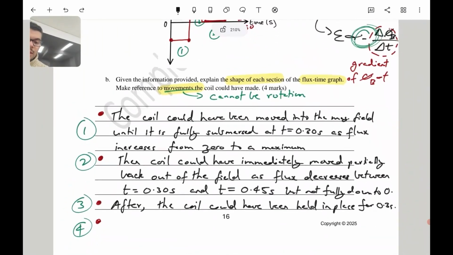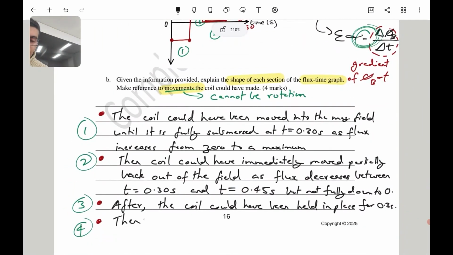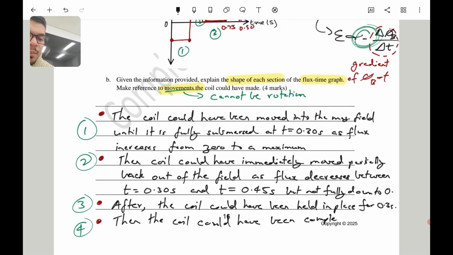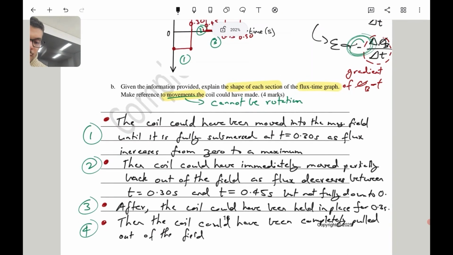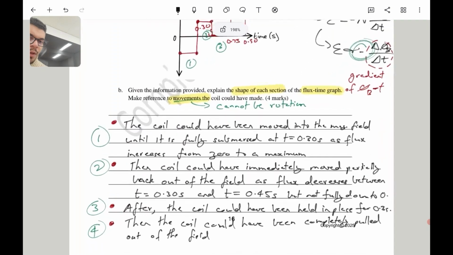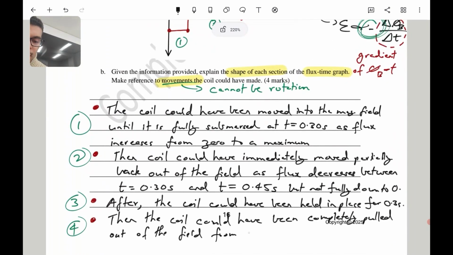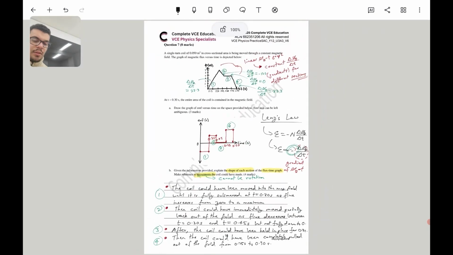Okay, so then the coil could have been completely pulled out of the field from 0.75 to 0.9 seconds. Okay, perfect.